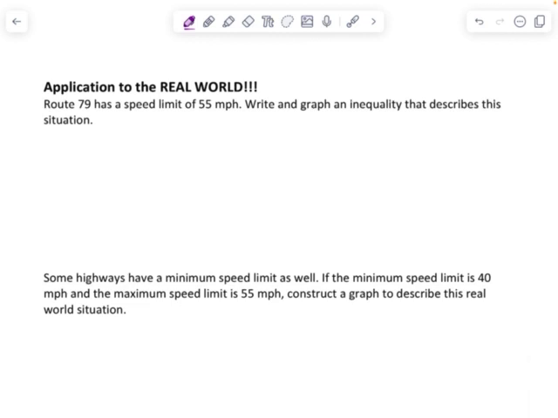All right, let's see how this applies to the real world, okay? Route 79 has a speed limit of 55 miles an hour. Write and graph an inequality that describes this situation. If we know anything about speed limits, we should stay under them or at them. So let's go ahead and define a variable x, and then we can write that as the speed of a car.